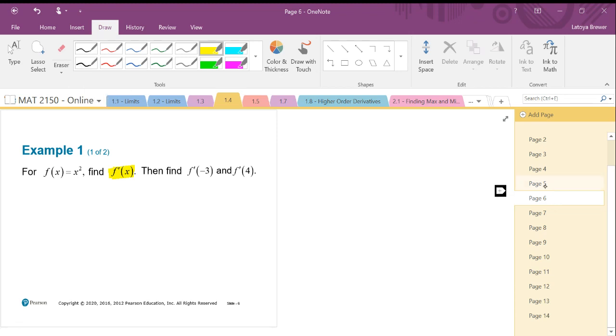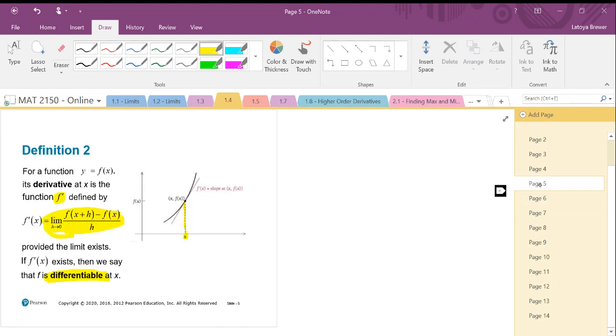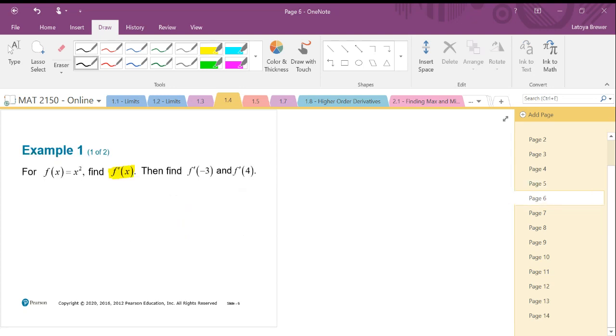If we go back to our notes, the way that we find the derivative, and I'm going to write this down exactly the way they have it, is the derivative equals the limit as h approaches 0 of f of x plus h minus f of x all over h.